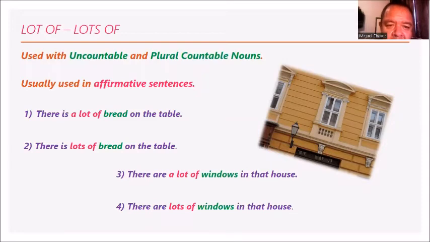There's a lot of bread on the table. There is lots of bread on the table. There are lots of windows in that house. As you can see, here we have the use of a lot of and lots of with the same meaning.